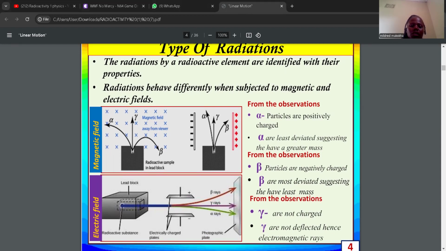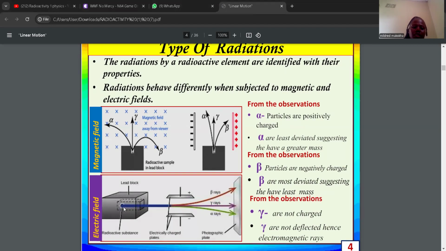Same to beta particles. When beta particles are subjected to any of the fields, we expect that they will also be deflected. The direction in which the particles will be deflected depends on the charge.